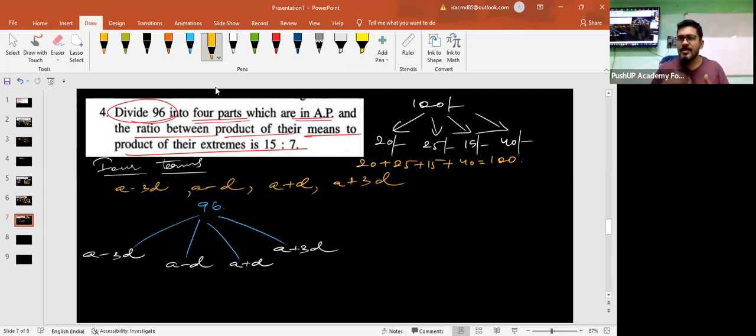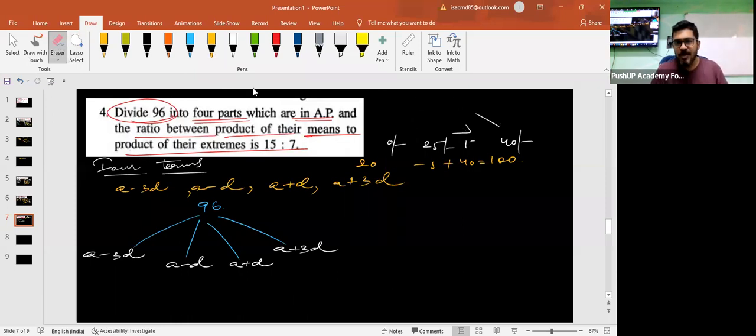They just said divide 96 into 4 parts so that they are in arithmetic progression. So you should understand from that part of the question that even if you take the sum of those 4 parts, that would be equal to 96. That's the logic here. Let me erase this part. Hope you all have understood.